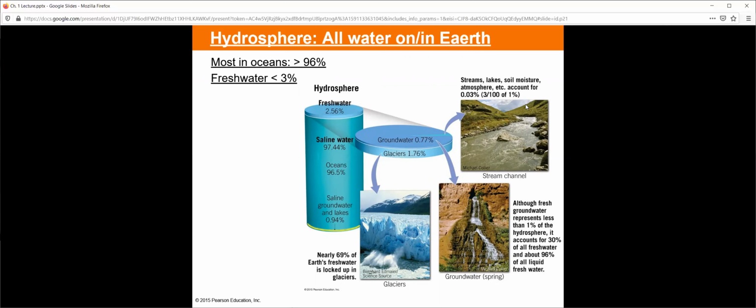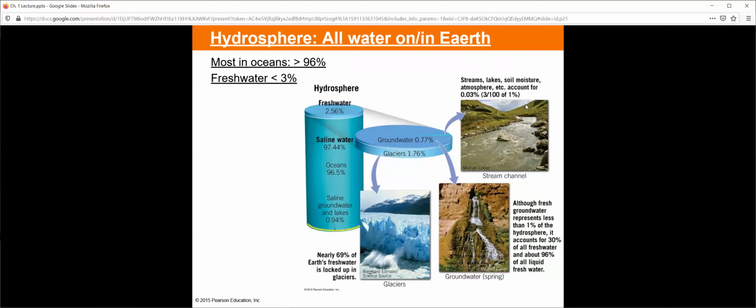Fantastic. The majority of the water on or in the Earth is in the oceans. In case you didn't know, oceans are kind of big, right? Of that, about 97.44% of the Earth's water is salt, saline water. 96.5% of that is in our oceans. The fresh water, the water that we drink, only makes up about 2.5% of all the water on Earth.